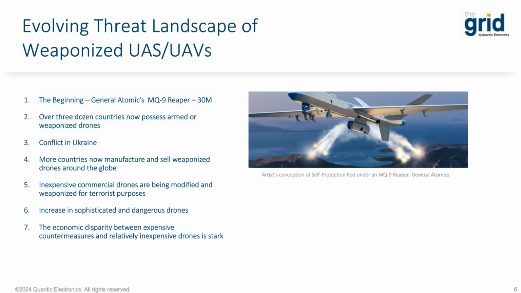The conflict in Ukraine has demonstrated the increased prevalence of weaponized drones, with tens of thousands of drones being used for intelligence gathering, disrupting formations, and striking enemy positions. Increasingly, commercially available drones are being modified for military purposes, providing drone access to smaller militant groups with limited funding.